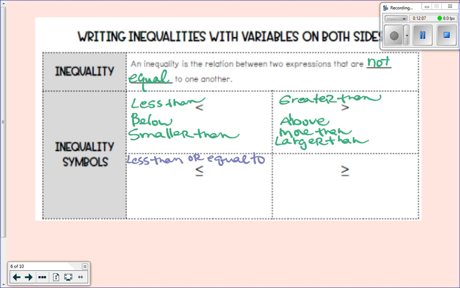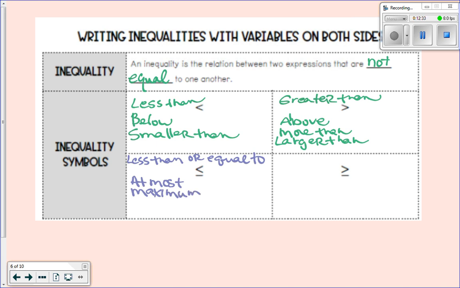At most. In this room, we're going to give you at most $10. You're hoping for $10 or even less, right? $5, $2, even nothing, probably. What else? Maximum. Miss Green's going to give you a maximum of $10.